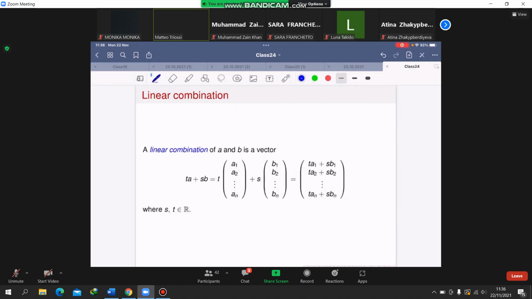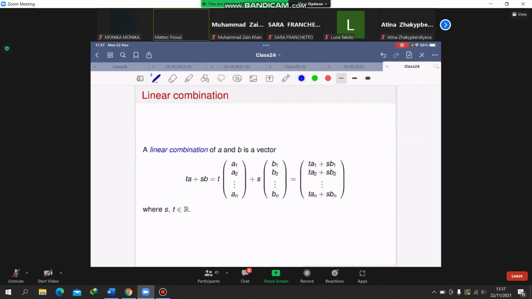We have two vectors, say A and B, and two scalars, say S and T. The linear combination from S, T, A, and B is, for instance, T multiplied by A as a scalar, plus S multiplied by B. Since we know both operations, we know how to combine them.